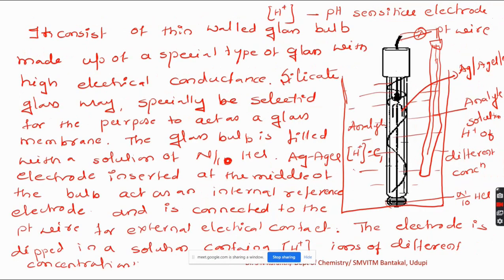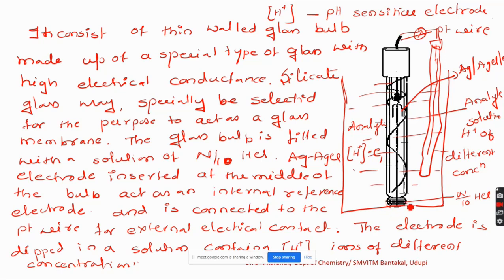Coming to the construction, it consists of a thin-walled glass bulb made up of a special type of glass with high electrical conductance, as you see here. Usually silicate glass is used for this purpose.